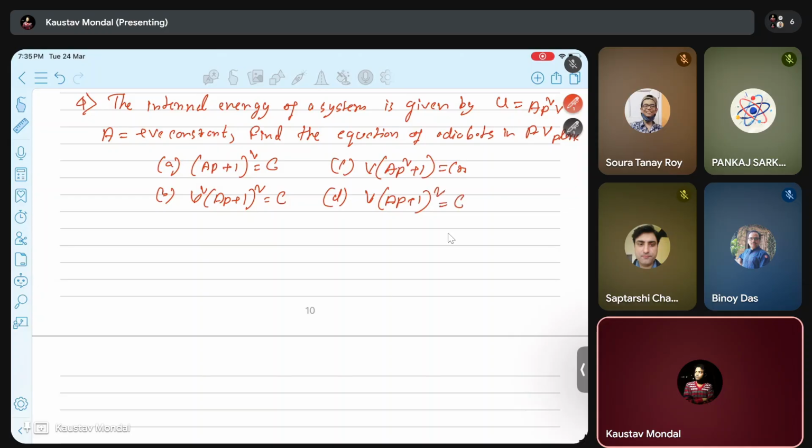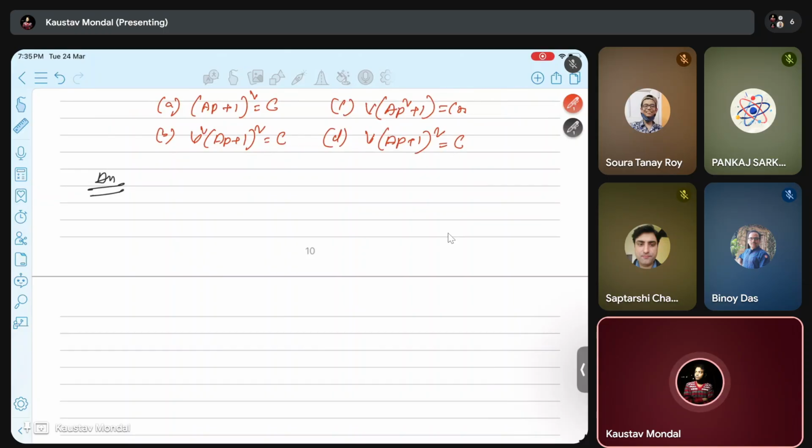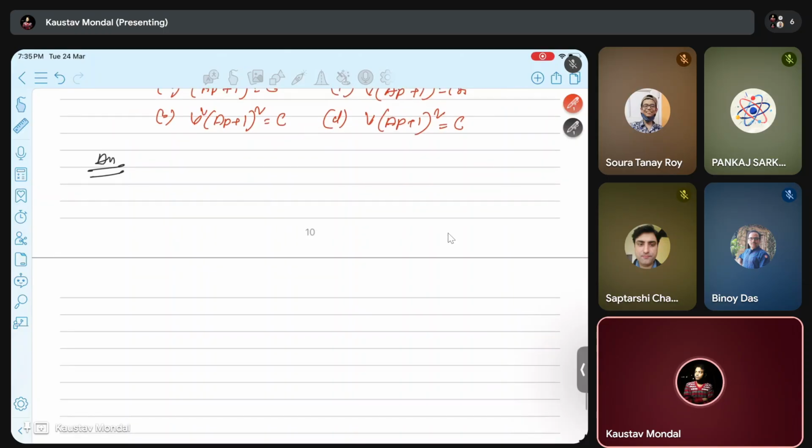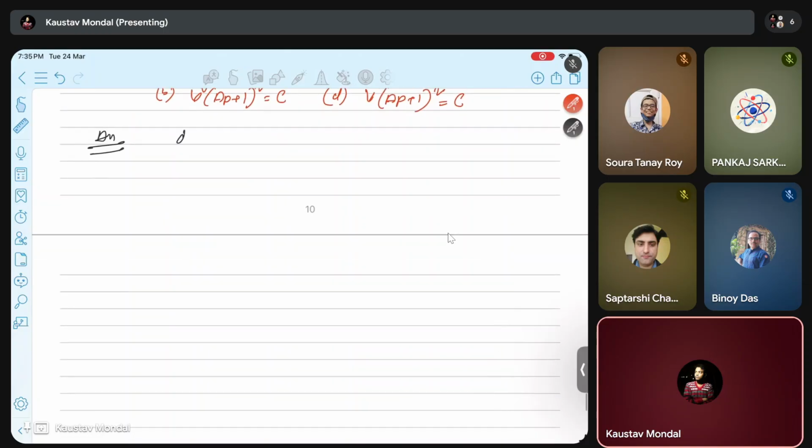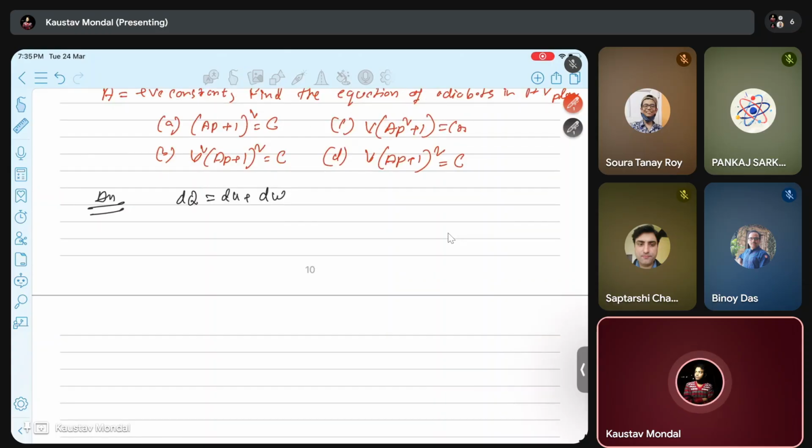Now the general trick to solve this kind of problem is that you have to start from the first law of thermodynamics, from the equational form of the first law, that is dq equal to du plus dw, because this law is applicable for any kind of general system.